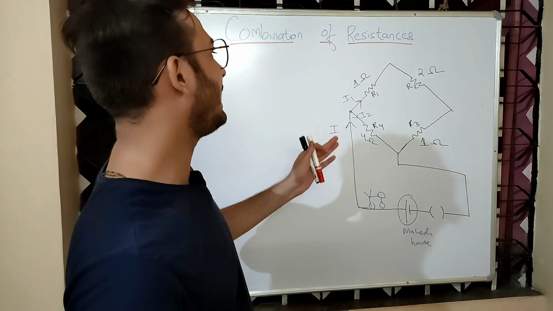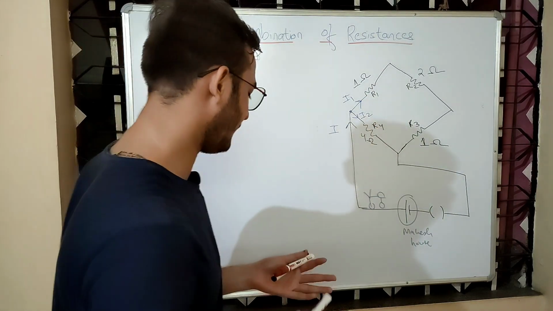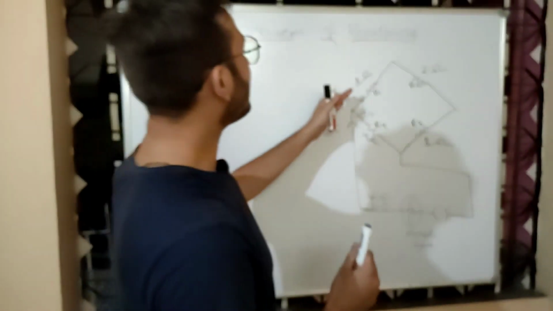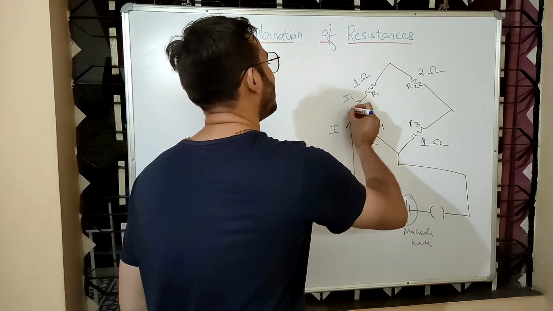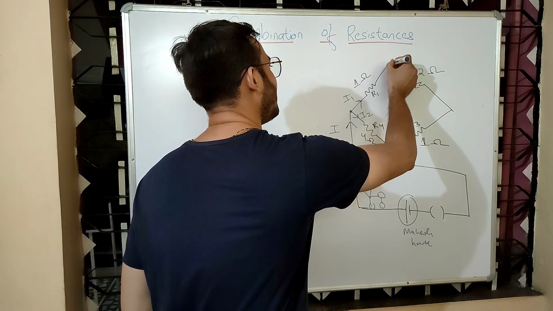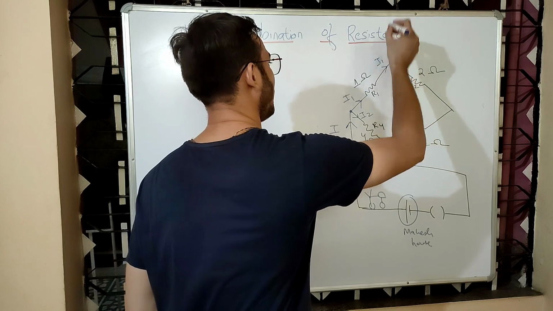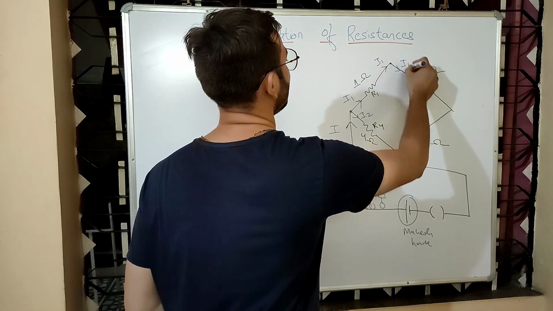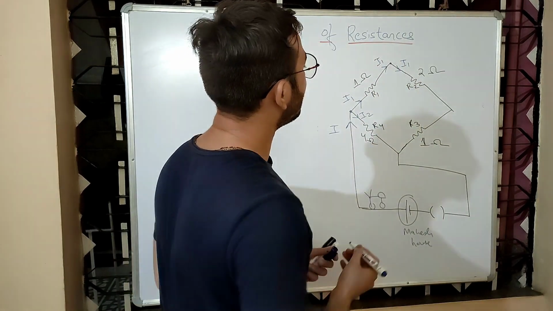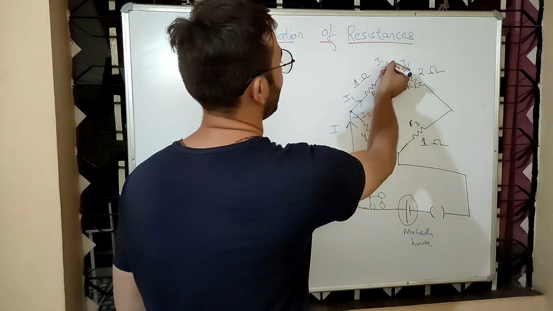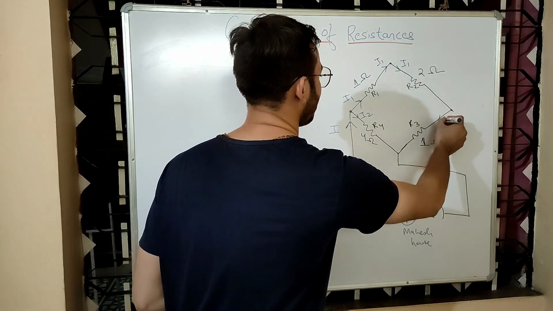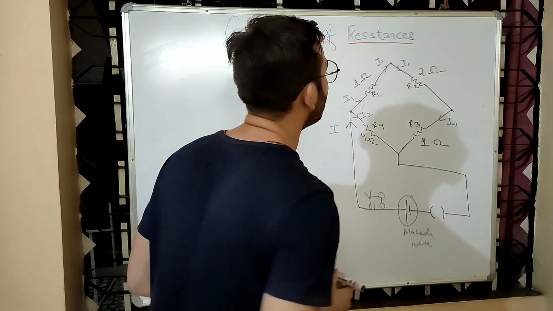Moving on, let's think about R1, R2, R3. Now some current will go here and the path is 1, and when current reaches here, I1, the same current will flow to R2 because the path is just 1, and again when the current reaches here the path remains the same, I1.